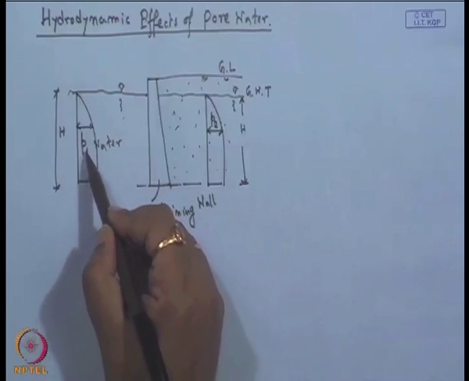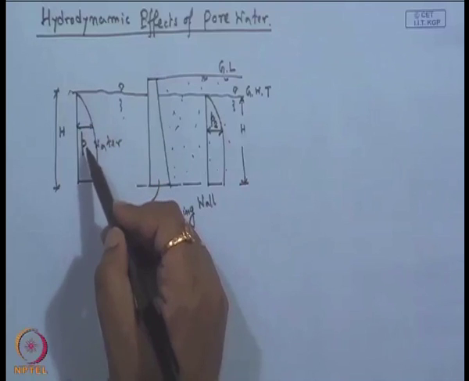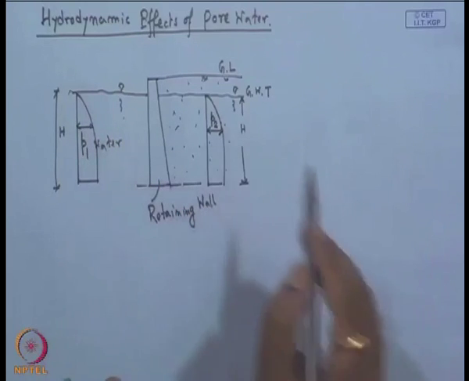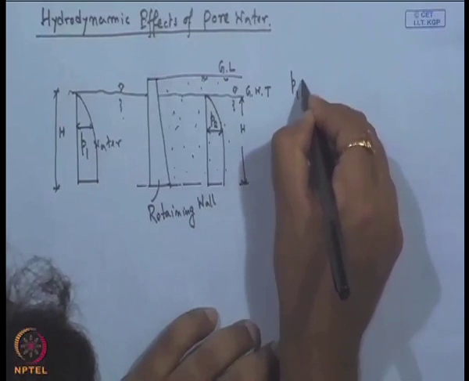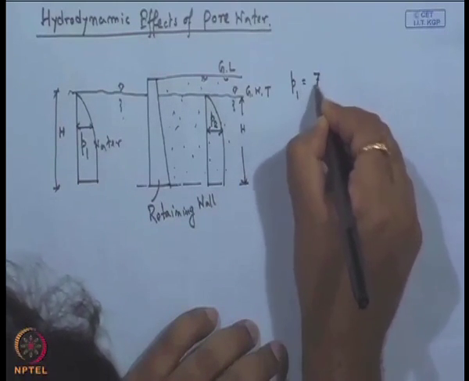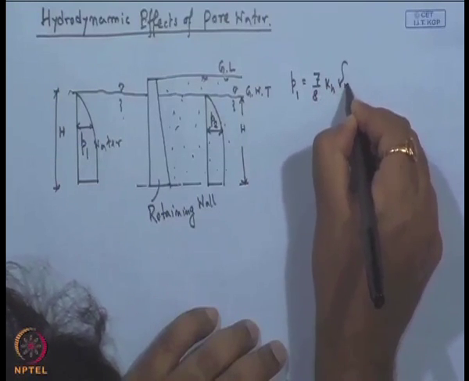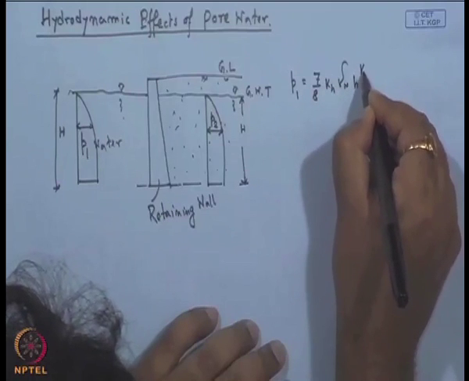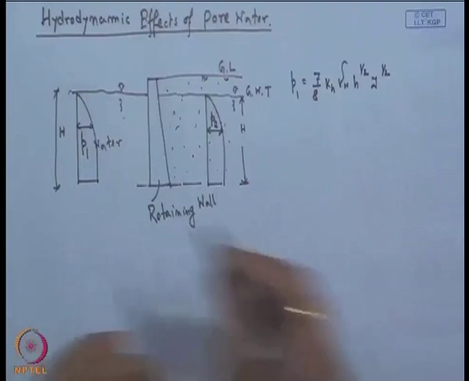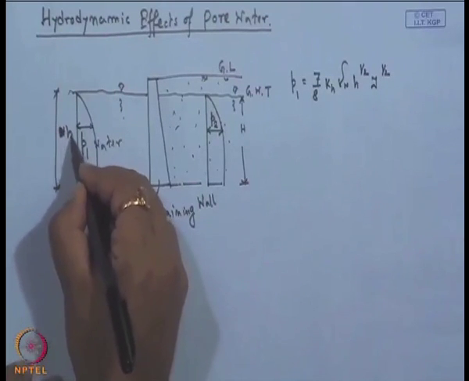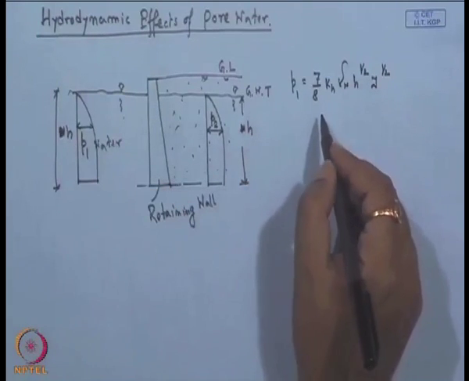Here we consider P1 at any depth from the top of the water table, and here P2. And in the last class it was mentioned that P1 is 7 by 8 kh gamma w h to the power half y to the power half. Here if it is small h, then this will be small h to the power half. If it is capital H, then this will be capital H.